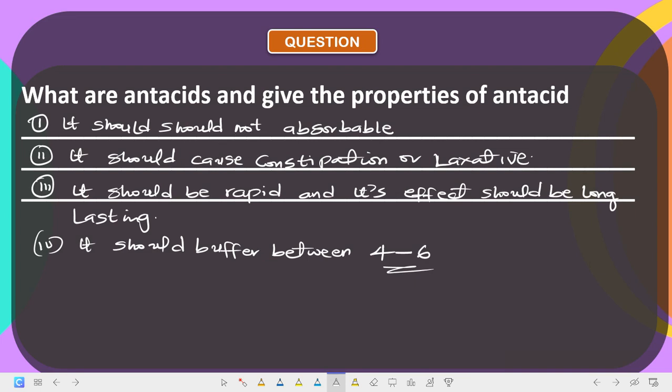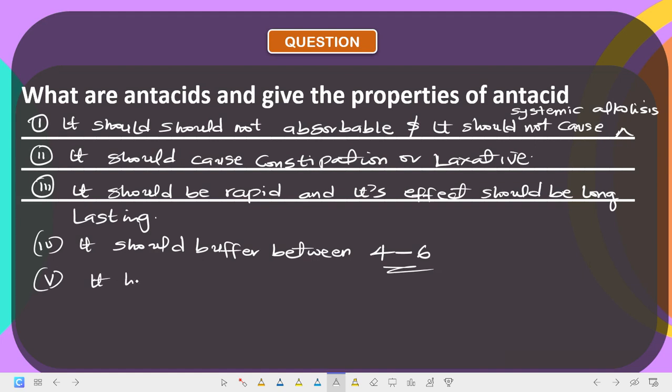It should not be absorbable. There is something I'm forgetting here. This is absorbable, and it should not cause systemic alkalosis. And then it should probably inhibit pepsin.